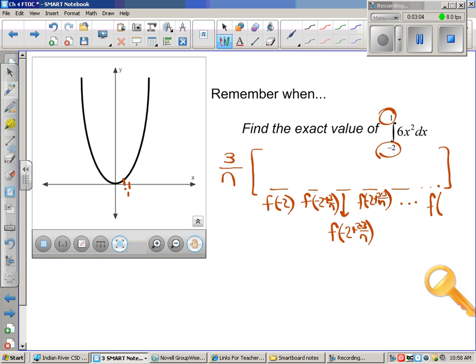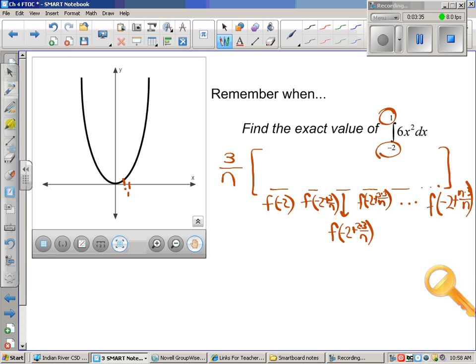All the way up till we did -2 plus n times 3 over n. Because just like if we had 5 subdivisions, we would do 5 of these. If we had 4 subdivisions, we'd do 4 of them. If we have n subdivisions, we have to do n number of them. And so the n's would divide out eventually, and we'd be left with 1 like the ending number, -2 plus 3. That's how that works out.